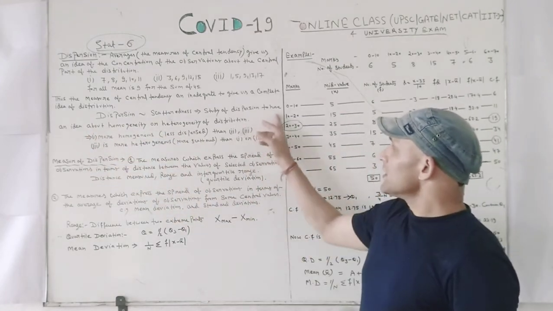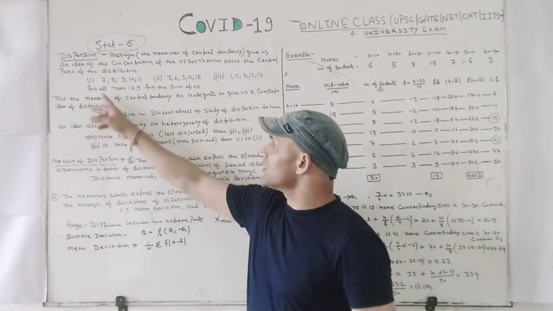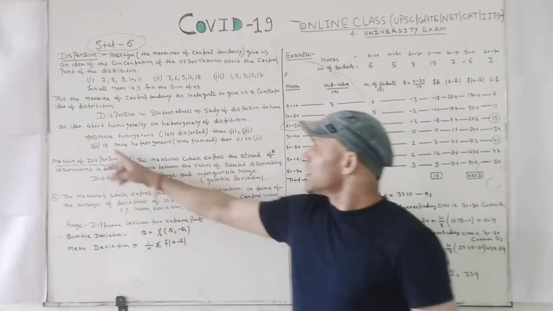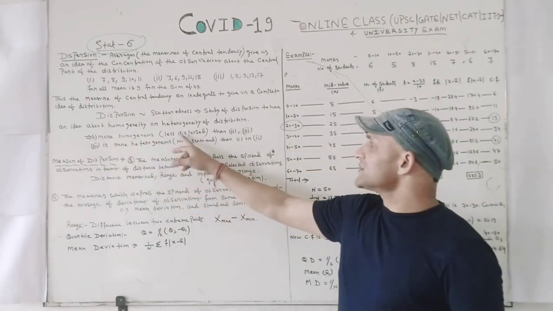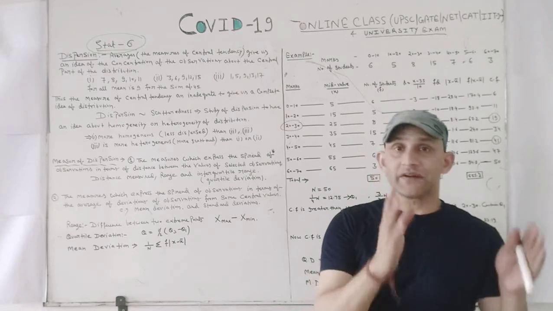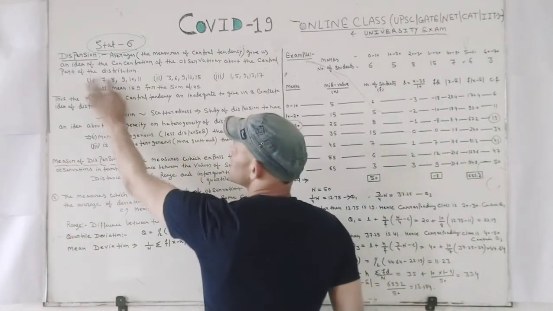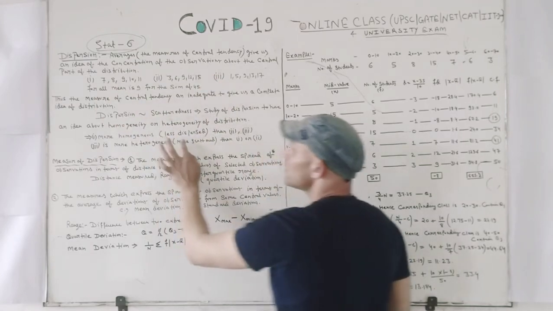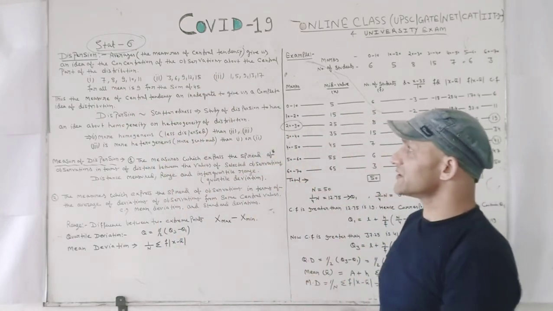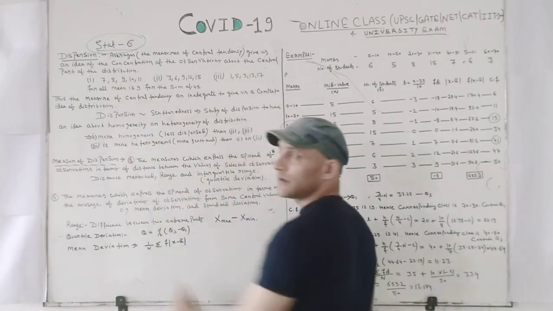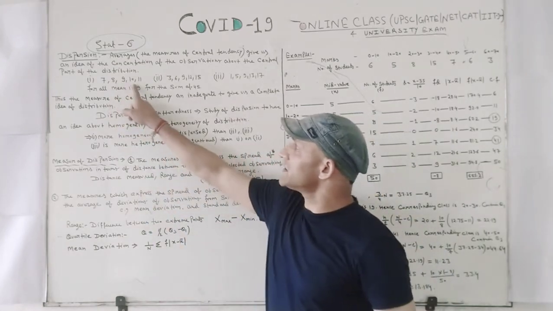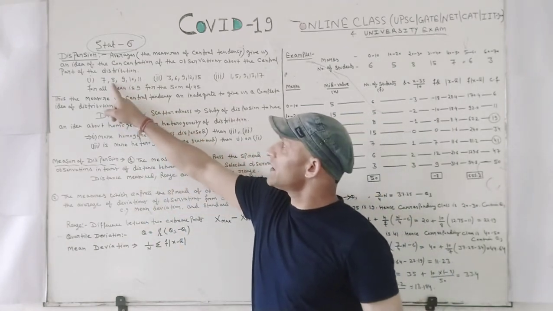Here you can see that the first one is more homogeneous, and homogeneous means less dispersed than the second and third. You can see that this is 9, and after 9 there is 10, then 11, and 9, then 8 and 7.